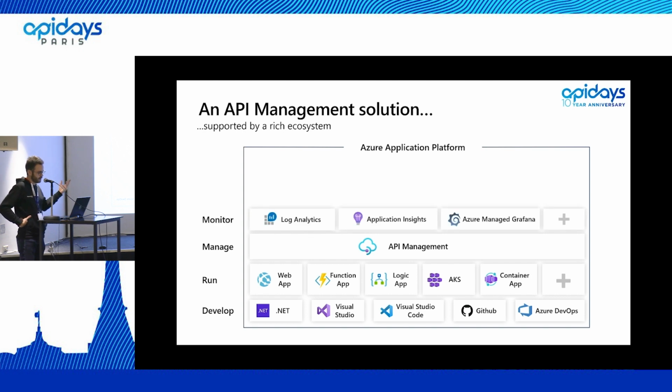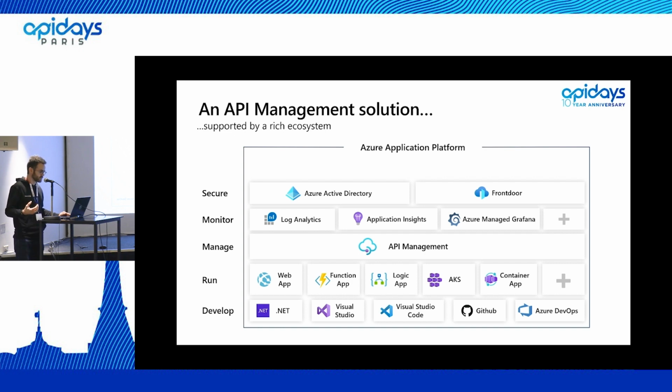On top of API management, if you want to monitor your APIs, you have obviously our own technology, Log Analytics, Application Insights, but also Grafana, Azure Managed Grafana, which is a new offering, and I will show you this in detail later on. But you can also use other technology to monitor your APIs. You want to secure them, so with an identity provider, which is Azure Active Directory for us. And also we have different network services like Azure Front Door, Application Gateway to secure them on the network layer.